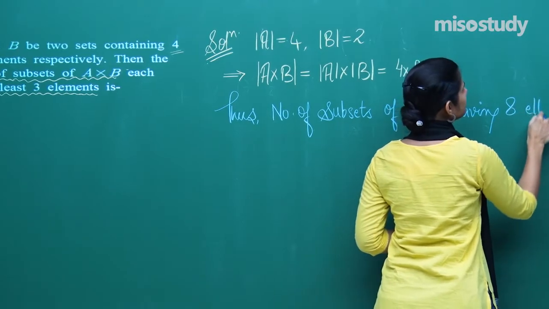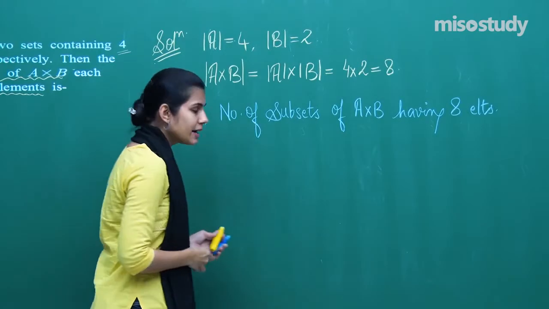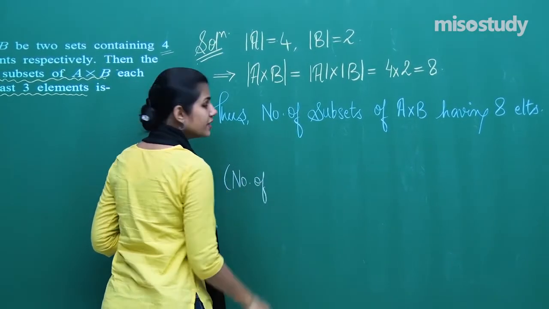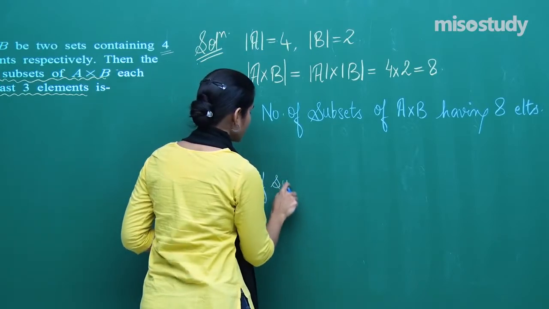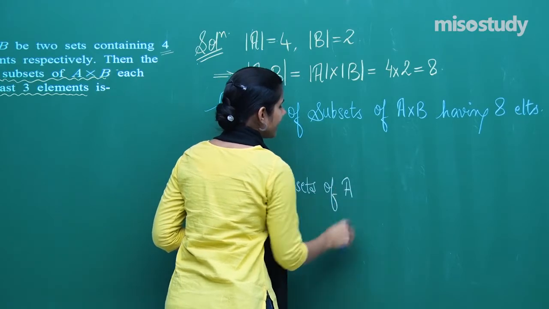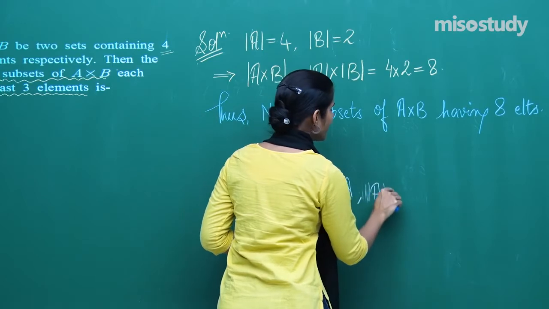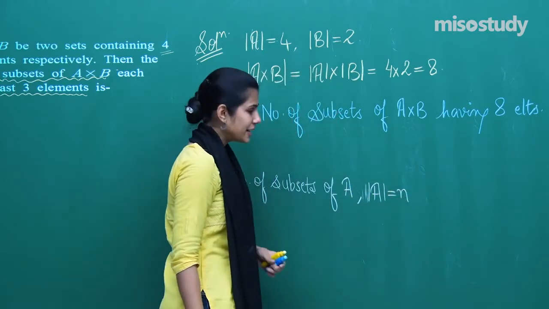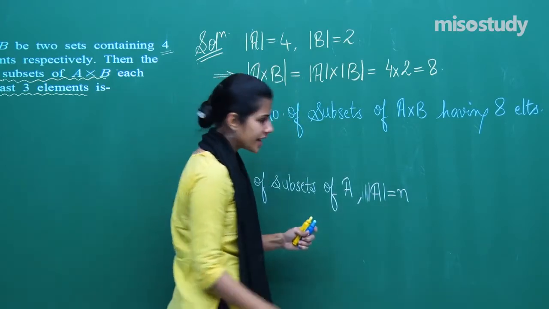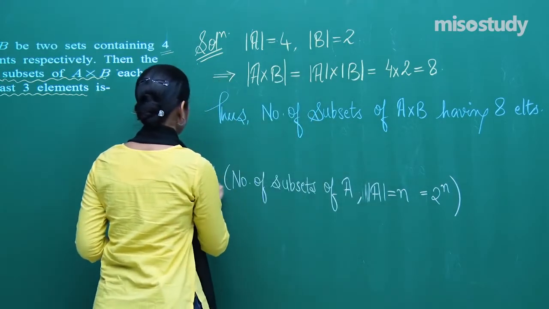8 elements is what? Well, I know the rule that number of subsets of set A such that cardinality of A is given to be n. That means if A has n members inside it, the number of subsets of A is equal to 2 to the power n.